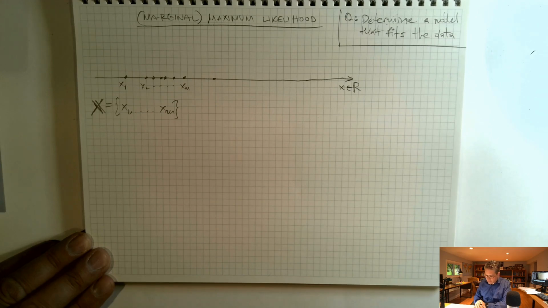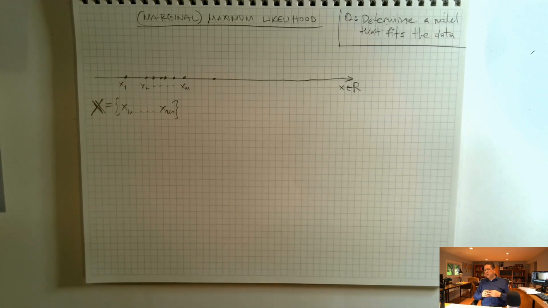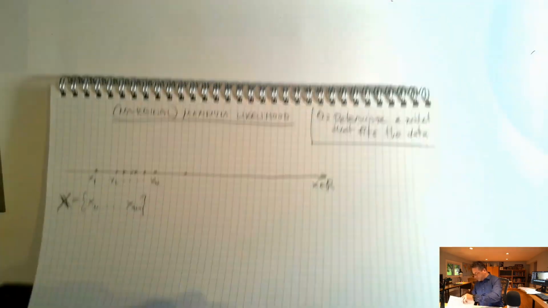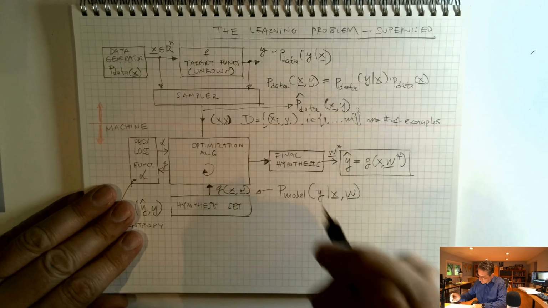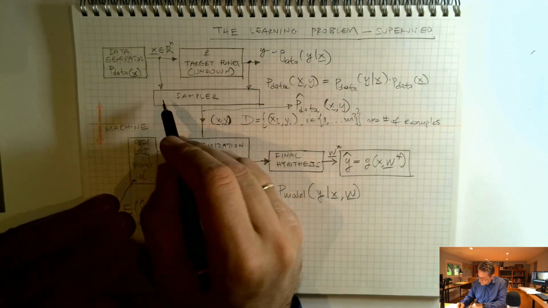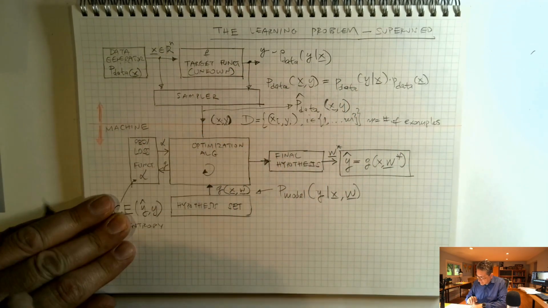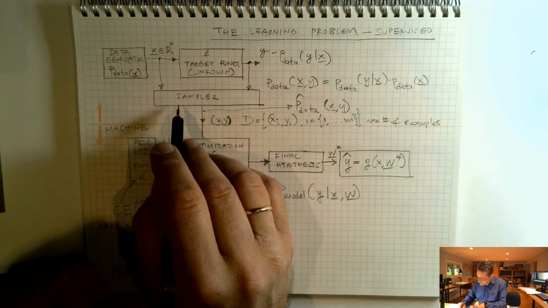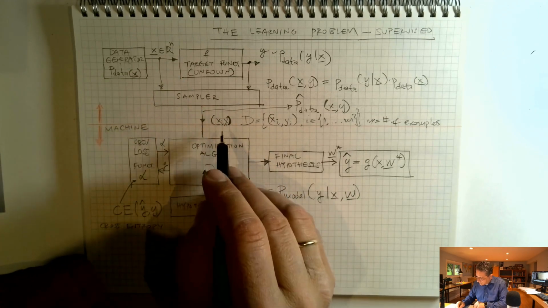And according to the Vapnik block diagram, the very first thing that we have to do, if I go back to this block diagram, is to see that we don't have labels now, we have just x's. So there is an underlying generative distribution p data of x that is sampled by the sampler.